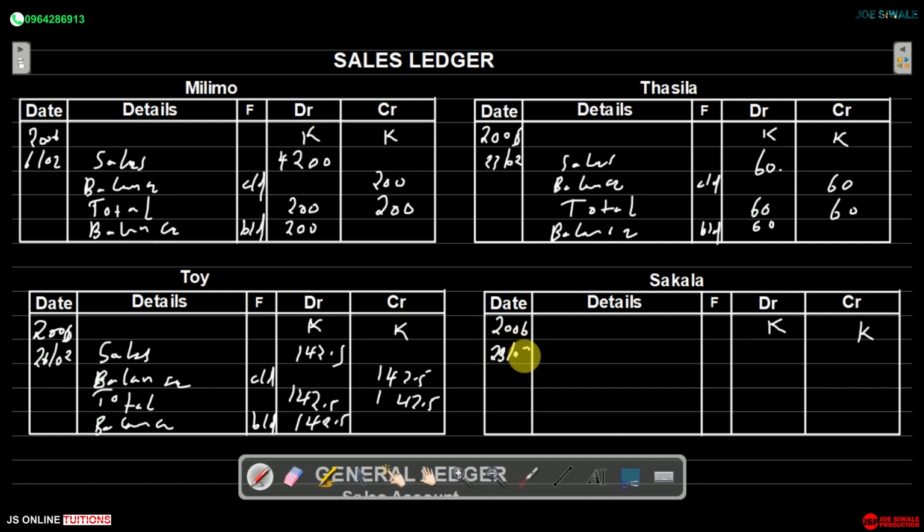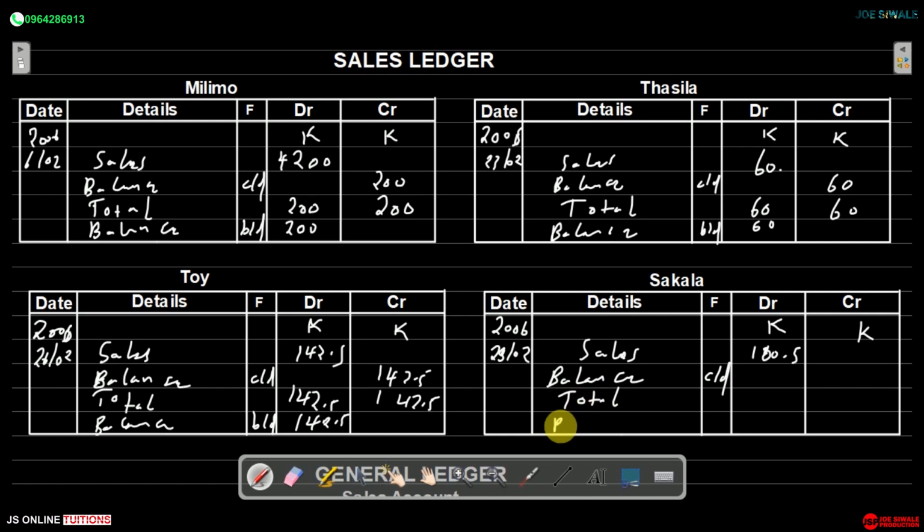So we're going to say sales, and we're going to debit it with the amount that is showing in the sales daybook, and the amount that's showing in the sales daybook is 180.5. So we'll say 180.5. So we're going to find our balance carried down, balance brought down, and our total. So we'll say balance carried down. We have our total there.